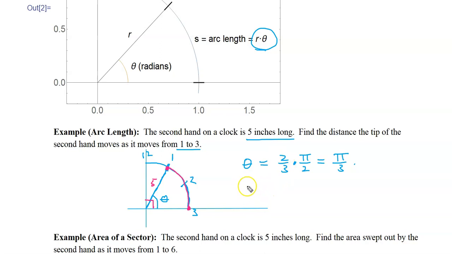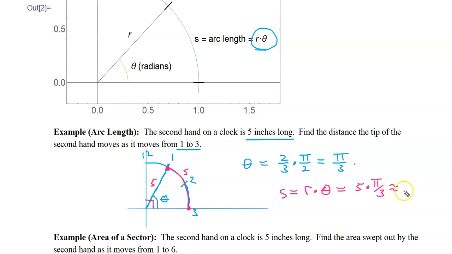So then the length, or the distance that the tip of the second hand moves as it goes from 1 to 3, this distance that we're trying to find right here, s, the distance from here to here, that's simply going to be r times theta, which is going to be 5 times pi over 3.